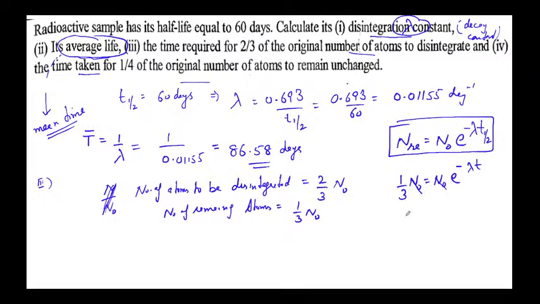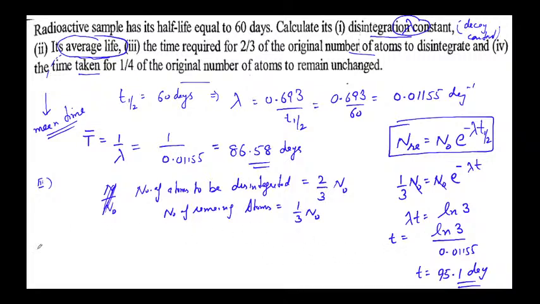So lambda t comes out to be log of 3. So t we have to calculate, lambda we know. Putting the value of lambda, 0.01155, t comes out to be 95.1 days. So at this time 2/3 of the total portion will disintegrate and 1/3 of the number of atoms will be left remaining.